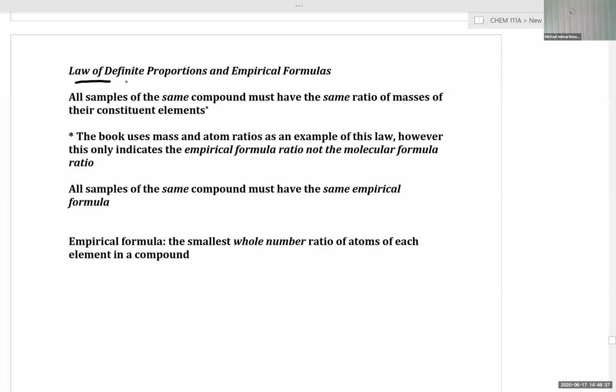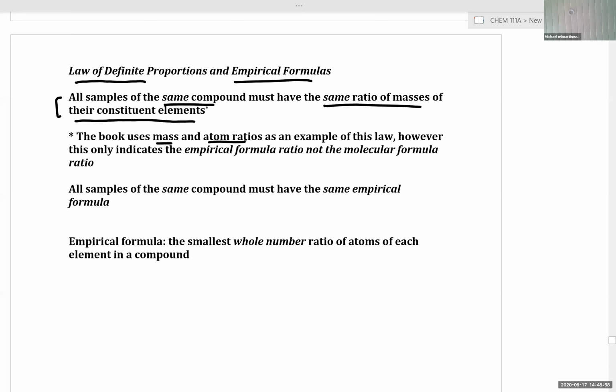So the law of definite proportions runs into issues when we start to talk about compounds with the same empirical formula. The law of definite proportions states all samples of the same compound must have the same ratio of masses of their constituent elements. Now, the book uses mass and atom ratios as an example of this law.